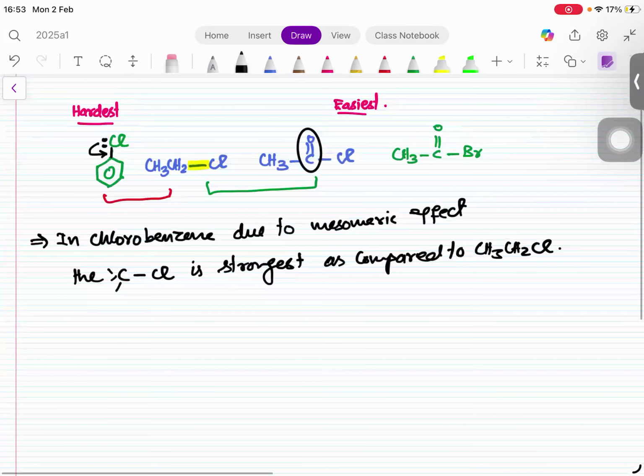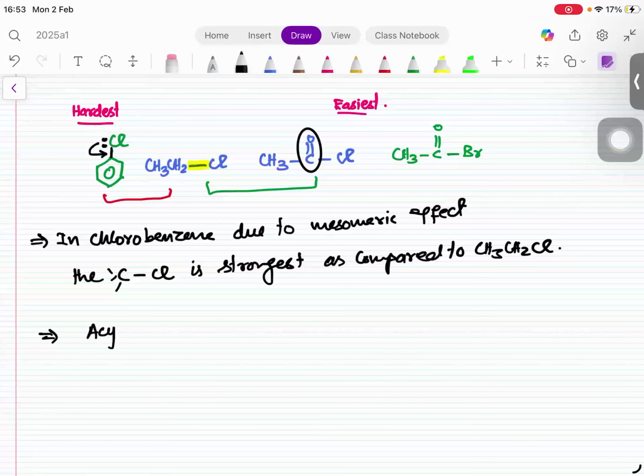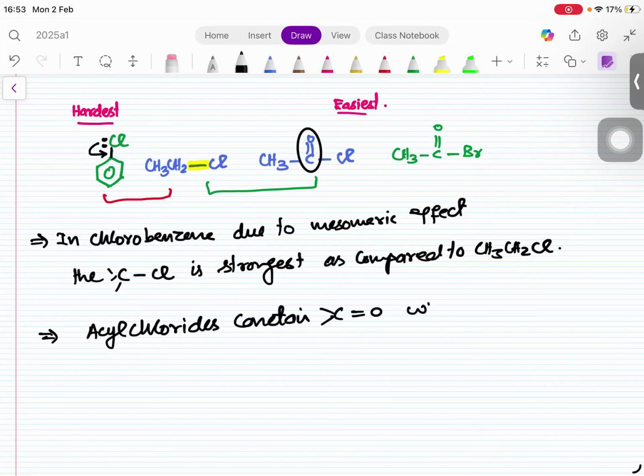Yeah, so I think that's a better explanation. Okay, acyl chlorides contain C double bond O, which acts as an electron withdrawing group, making C-Cl bond weaker.